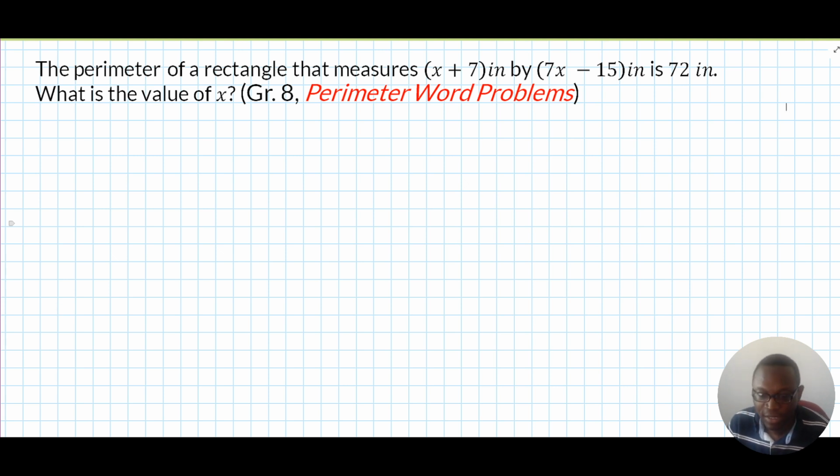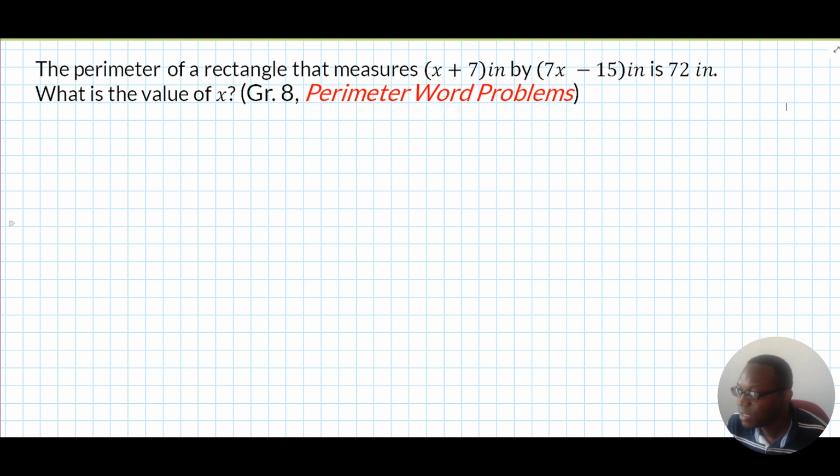Okay, so it's 1:02 Central Time, and we're going to get started with our question. We have the perimeter of a rectangle that measures x plus 7 inches by 7x minus 15 inches is 72 inches. What is the value of x? So we're looking at perimeter word problems.